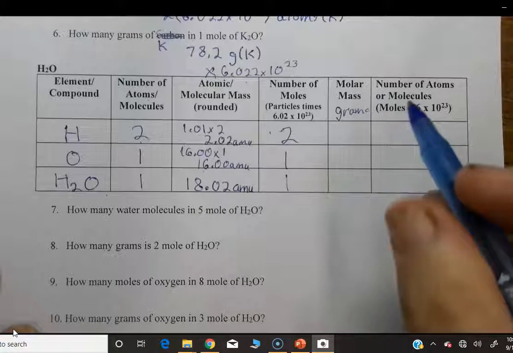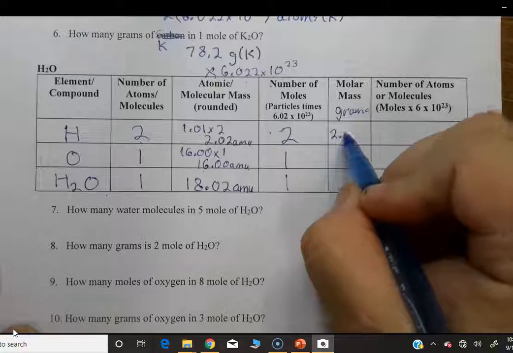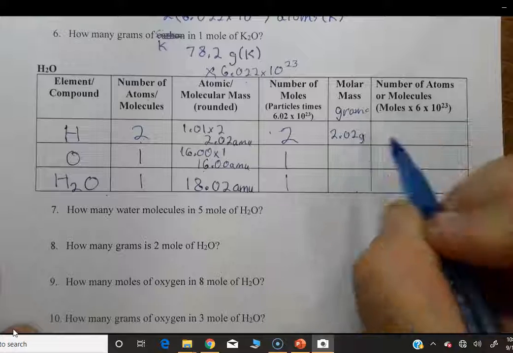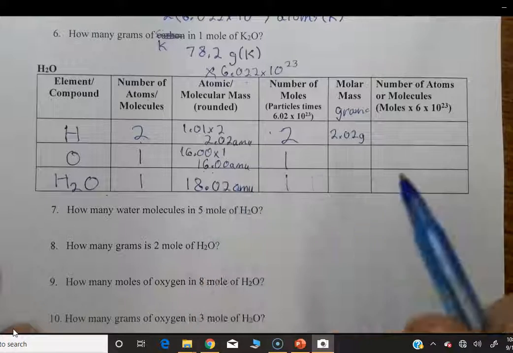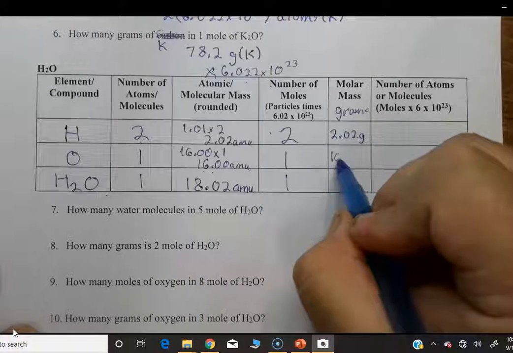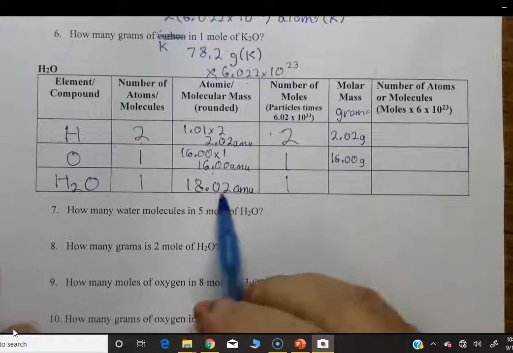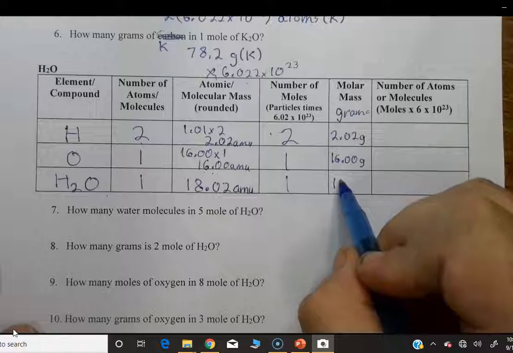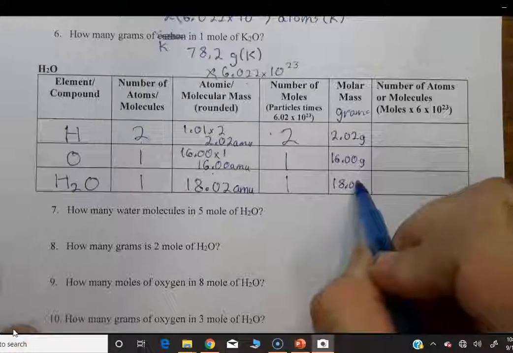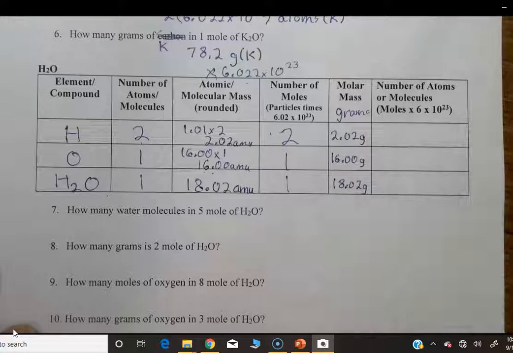It's 2.02 AMU, so it's 2.02 grams. Okay? 16.00 AMU, so it's 16.00 grams. And finally, 18.02 AMU, so it's 18.02 grams.